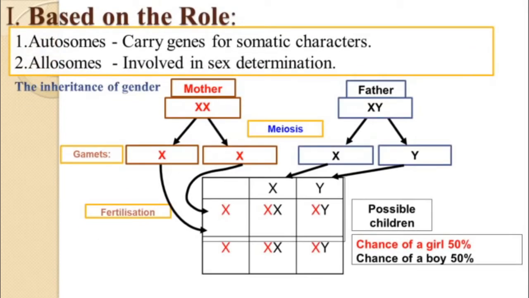The chromosomes that carry genes for somatic characters are called autosomes, and the chromosomes that are involved in sex determination are called allosomes or sex chromosomes. As you can see in the diagram, the mother and father are producing gametes with allosomes, and during fertilization the sex is determined based on these allosomes.